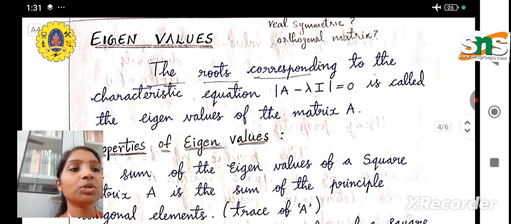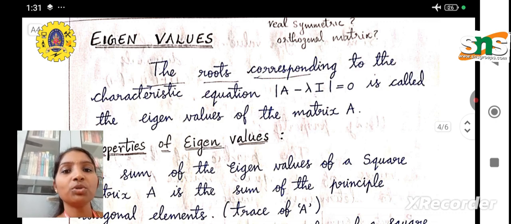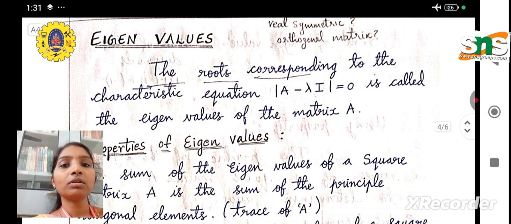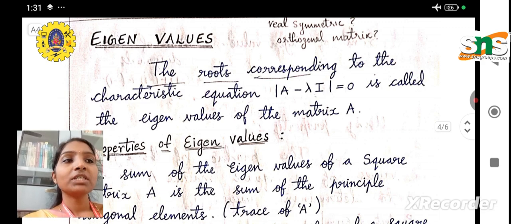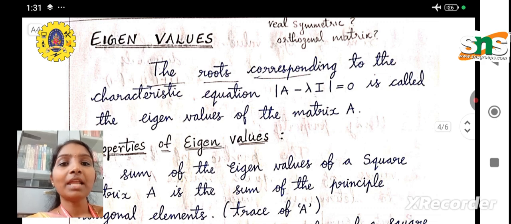Whenever we equate an equation to 0, that equation will correspond to the unknown values. The power of the equation will be the number of values for the given unknown constant. So here unknown value, here lambda is unknown.